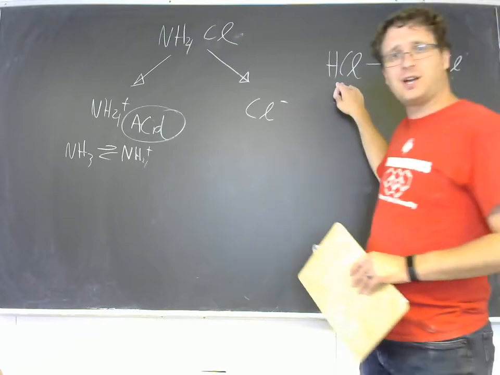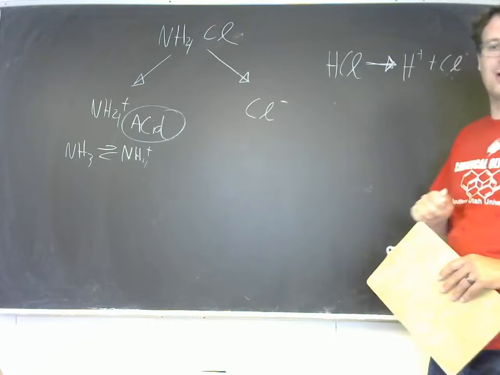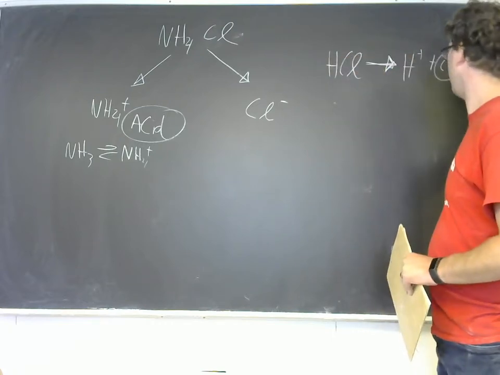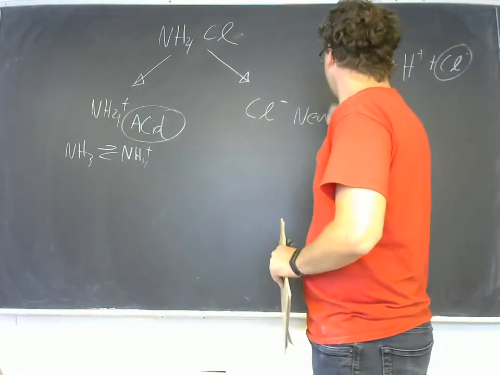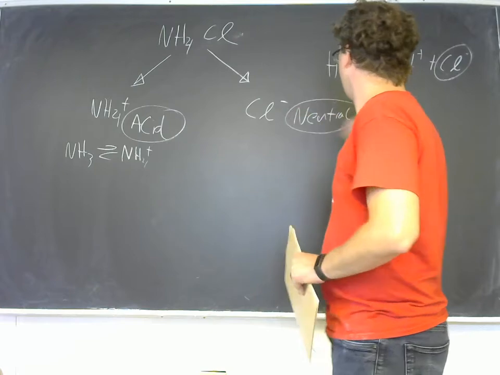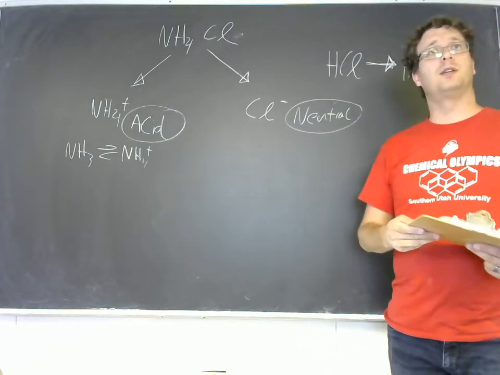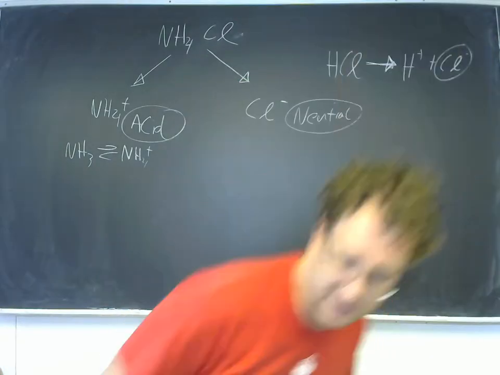Because HCl is a strong acid, you'll notice we have a single-headed arrow here. This reaction does not go in reverse, and that means that Cl- is not a base at all. So this is neutral. And so the overall effect of ammonium chloride is going to be acidic in nature. Ammonium chloride is an acidic salt.